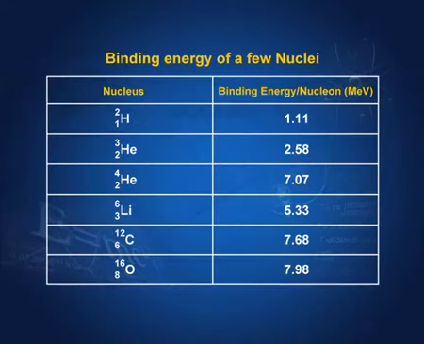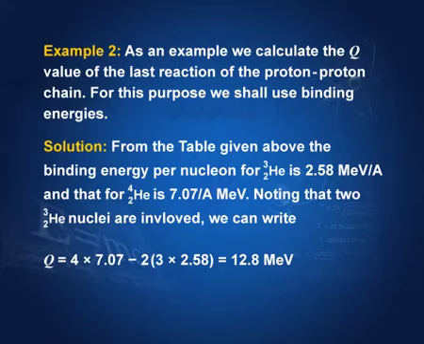For this we make use of the table here. The binding energy per nucleon for helium-3 is 2.58 MeV per nucleon. Multiplied by 3, this gives the binding energy for the helium-3 nucleus, and since 2 nuclei are involved, we multiply by 2, and that is what we have done.